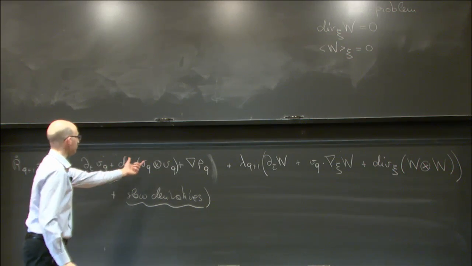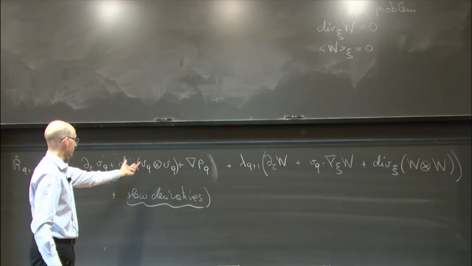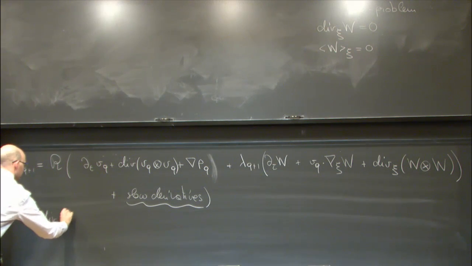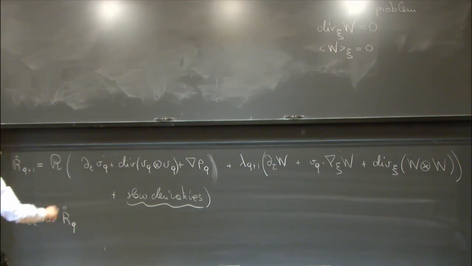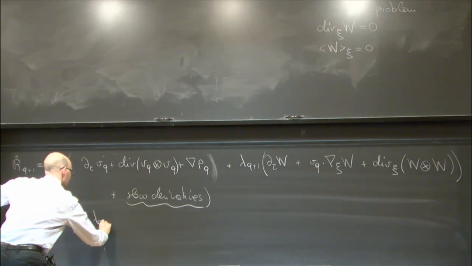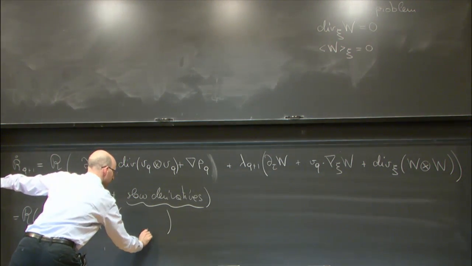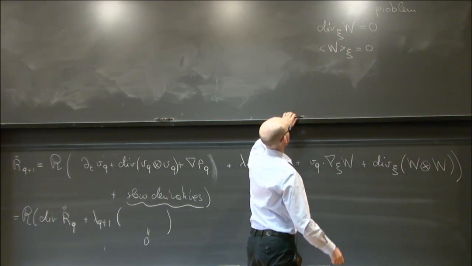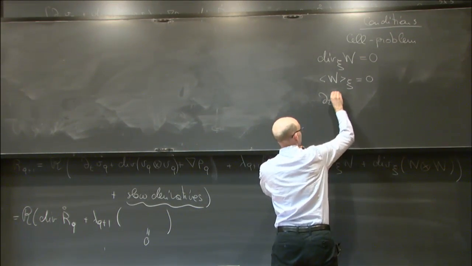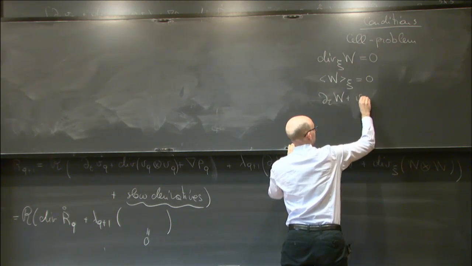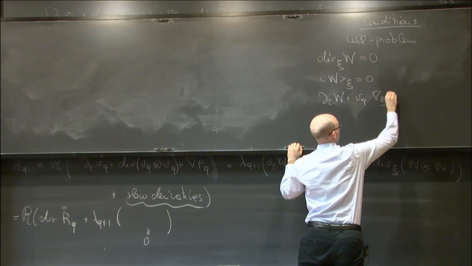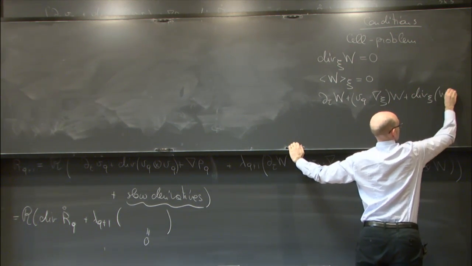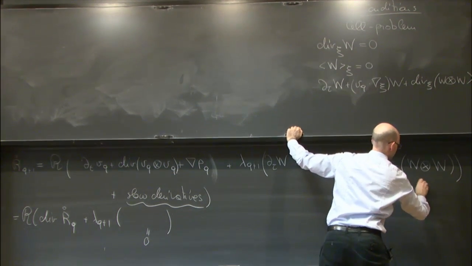So now I have the equation for this. So this is the divergence of R circle Q. Then I have the fast terms. And of course, all of this I want to set to 0. If you want to set all of this to 0, you see a partial differential equation over here. And that's another condition. I forgot actually the pressure.